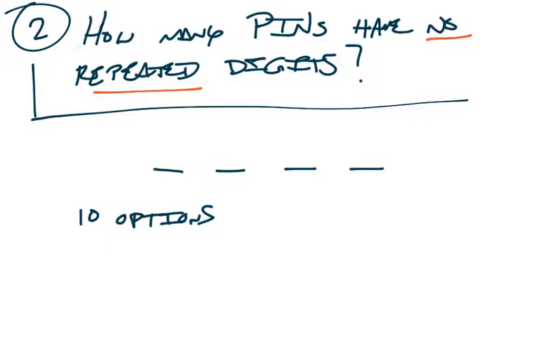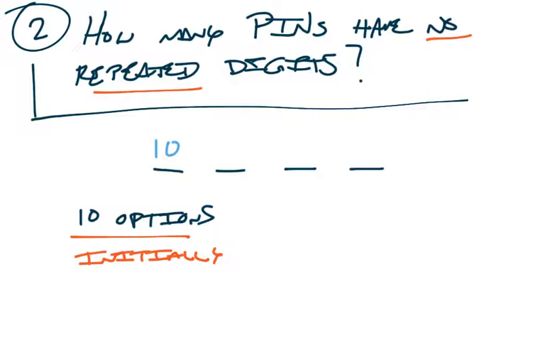Right? This is a perfectly fine pin in this scenario. So I have to say that we have some number of options initially. All right, so we've got all 10 digits available to us for this first choice that we make. All right, that first number could be anything between 0 and 9.